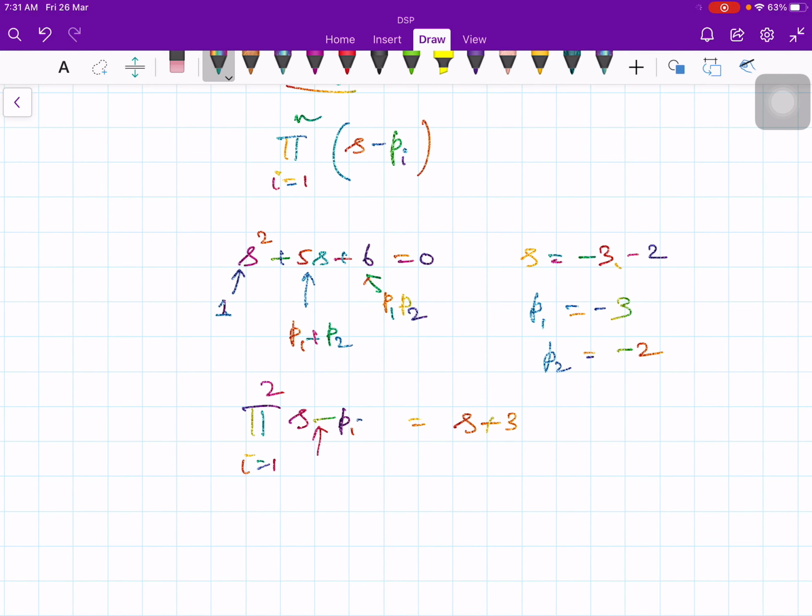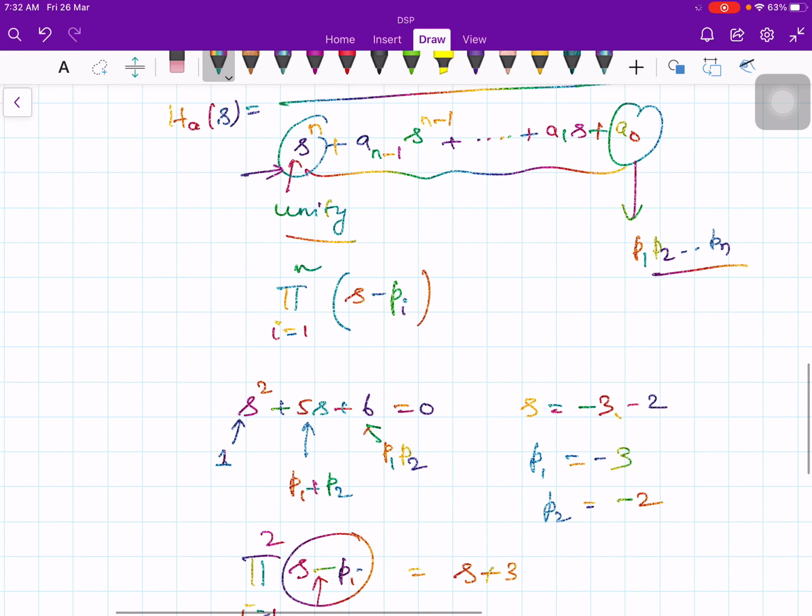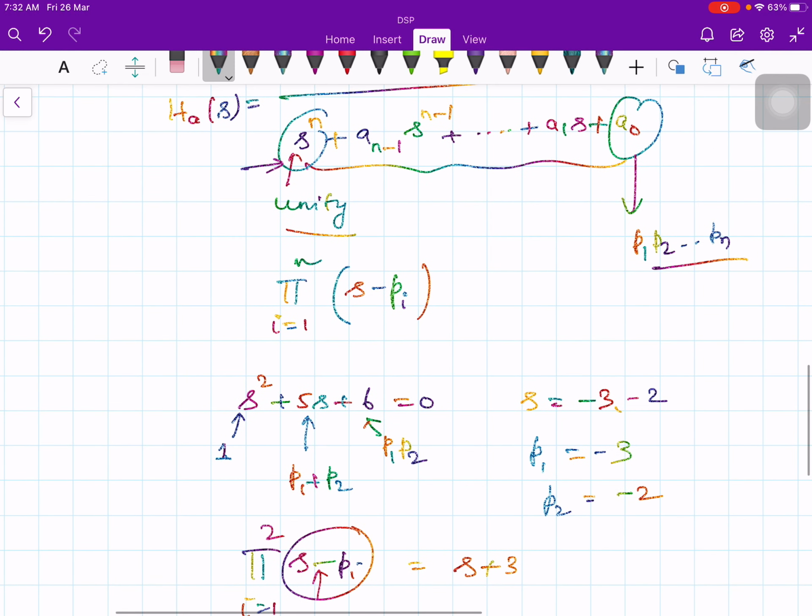Look here, there is a minus sign. If I take this as s plus p_i, then a_0 will be the continued product of the p_i's. Instead of writing s minus p_i, if you write s plus p_i, continued product of i equal to 1 to capital N, then what is your a_0 in this expression? a_0 is going to be p_1 p_2 up to p_n. So what will be a_{n-1}? It is the sum of all pairs.